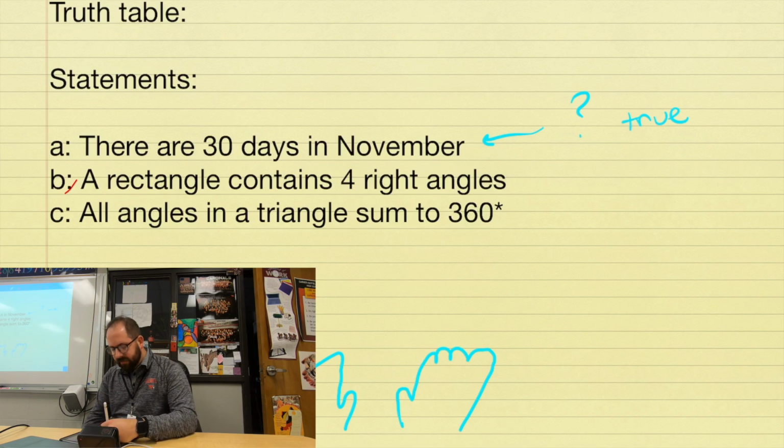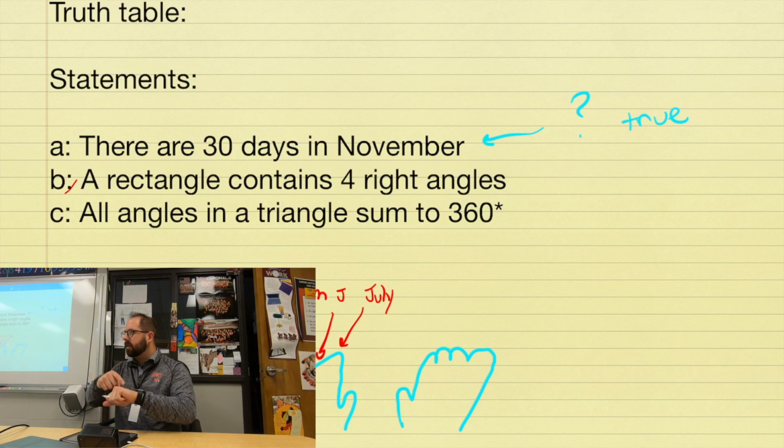March is a yes. April's a no. May. June is no, and July is yes. So far you can tell if they have 30 or 31 days by whether they land on a knuckle top. And then when you go to the next hand, you ignore your thumb. Go to the next hand.